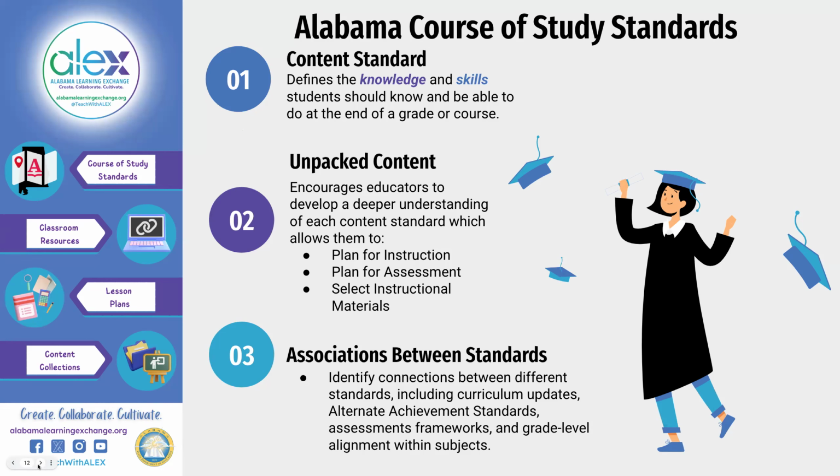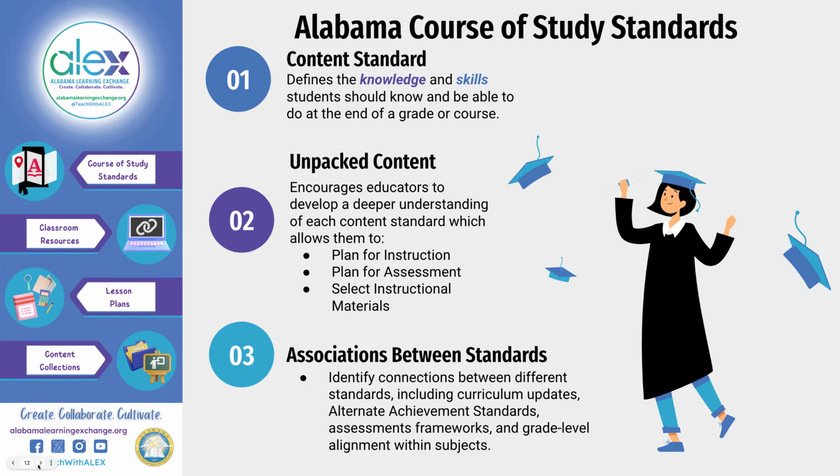A new thing that we've added that has been very popular, and a lot of people have enjoyed finding these, is the association between these different course of study standards. For example, this school year, we are now implementing the 2023 Science Course of Study Standards. We have the crosswalks to the 2015 Science Course of Study Standards, so you can see how those two different curriculum updates compare.